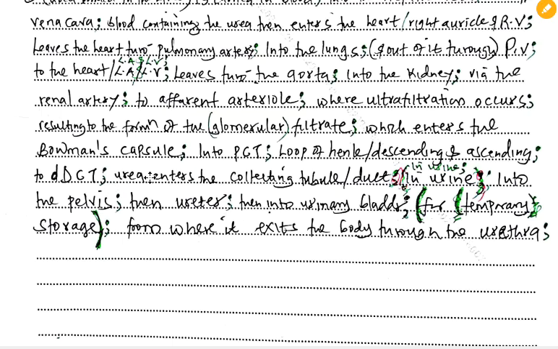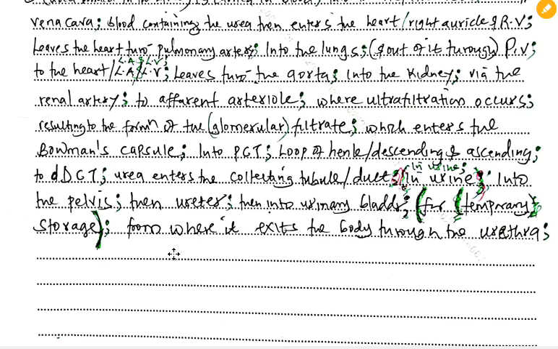Then this urea enters the collecting duct. Now it is called urine, then into the pelvis, then ureter, then to the urinary bladder, where there is temporary storage, and from where it exits the body through the urethra.